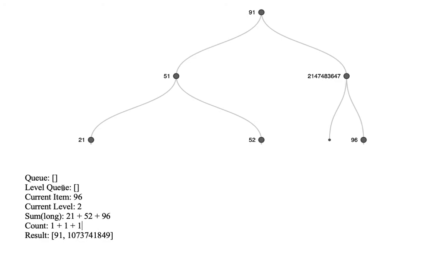And now my queue is empty, so I'll come out of the queue iteration loop, and I'll need to finally add the average of the last level that we traversed, which is essentially 21 plus 52 plus 96 divided by 3, which happens to be 56.333. So this is the result which is sent as an output by the program. Thank you.